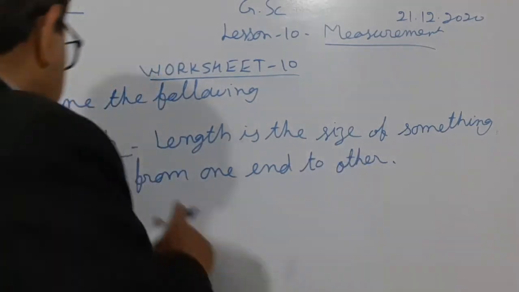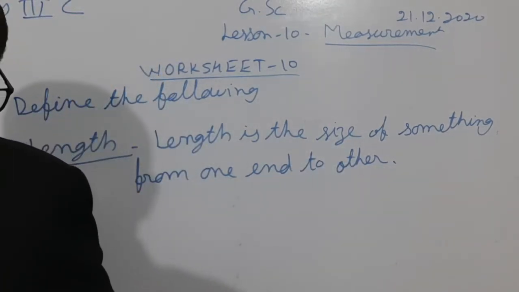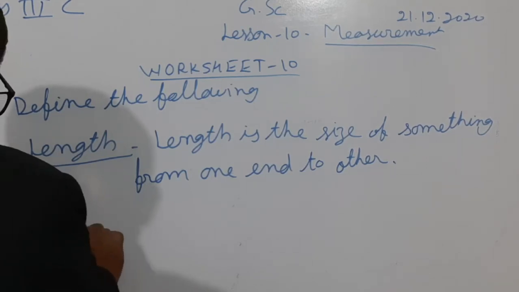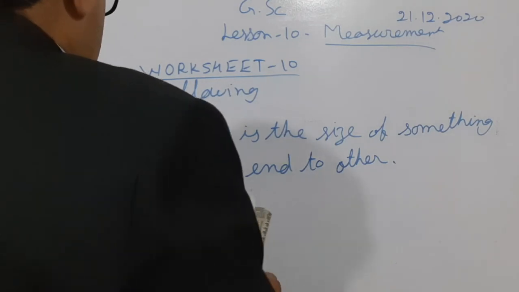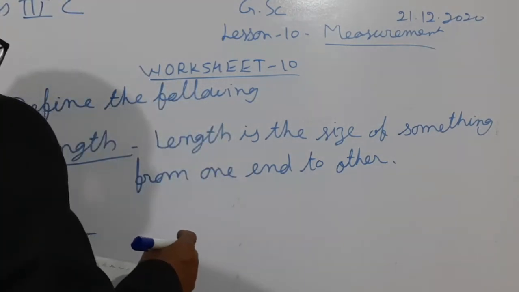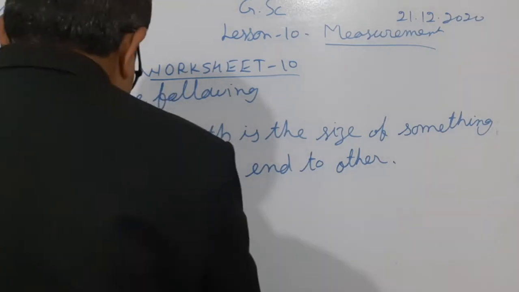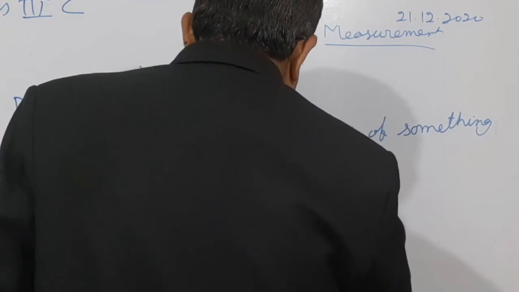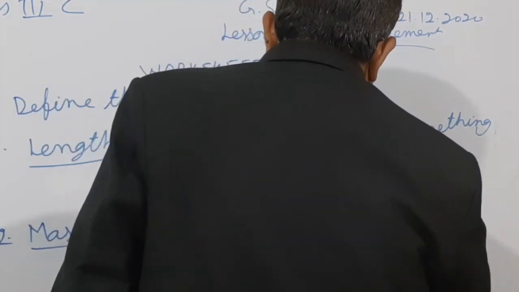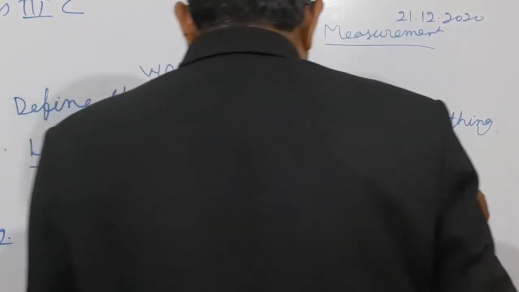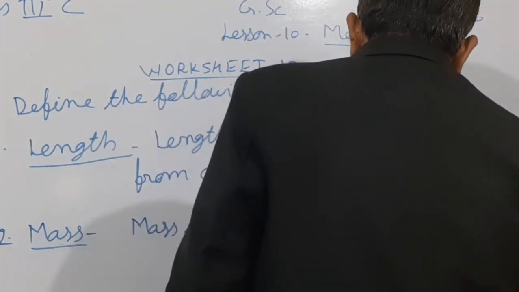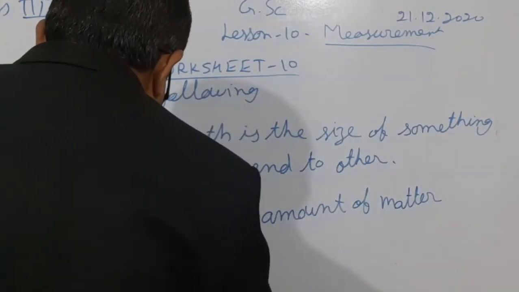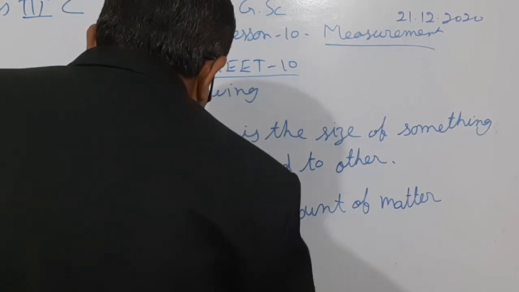Now next, the second one is mass. Mass is the amount of matter in an object.